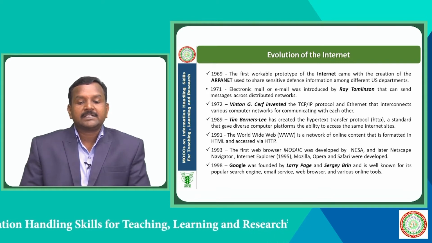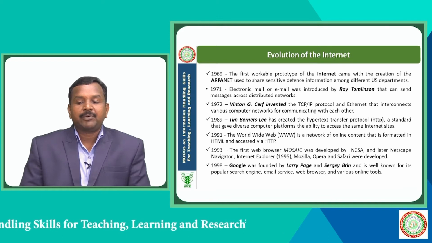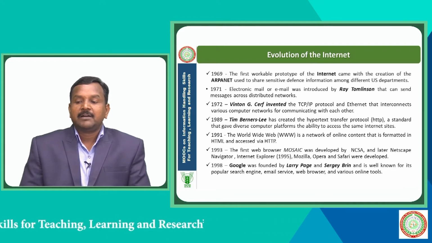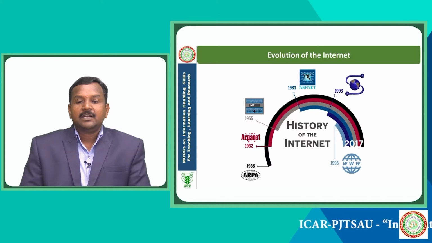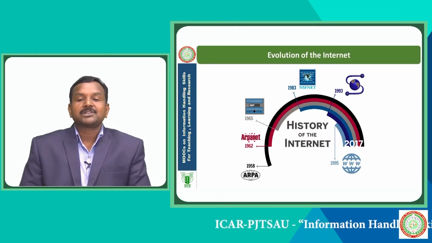In 1998, Google was founded by Larry Page and Sergey Brin and is well known for its popular search engine, email service, web browser, cloud computing and other various online tools. The picture shows the evolution of the internet and some of the basic milestones in its evolution.